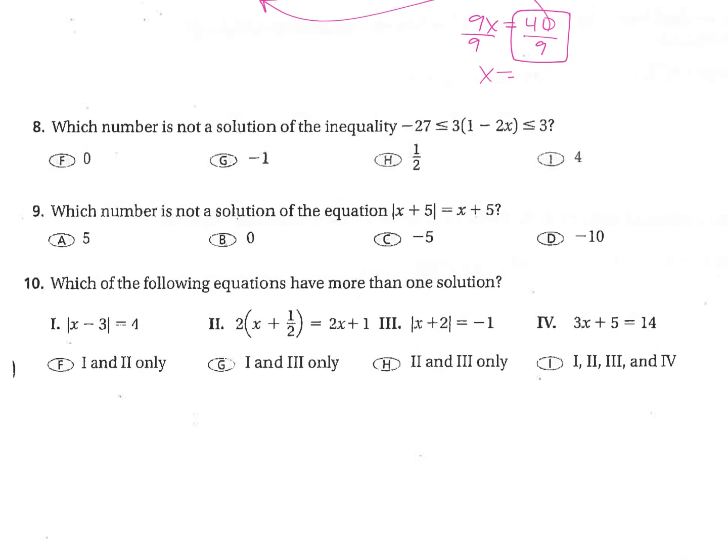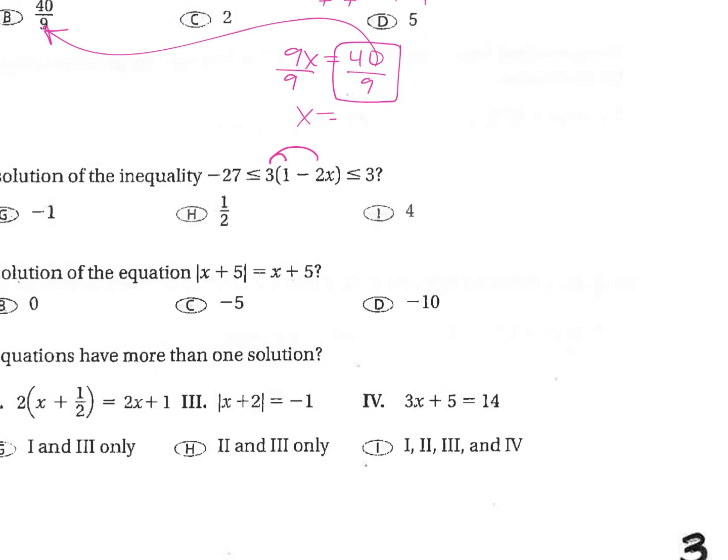Anything else? Yeah. The same number 8, same page. So this one says which number is not a solution. So what you want to do is just simplify it as best you can and then see what doesn't fit in the final answer. So you have options. You could distribute right here, or you could divide everything by 3 right here. What would you do? They're both right. You would distribute. I feel like most people distribute on these.